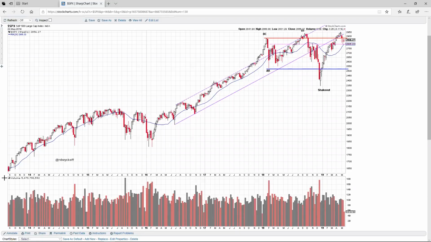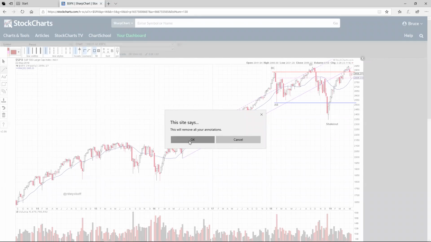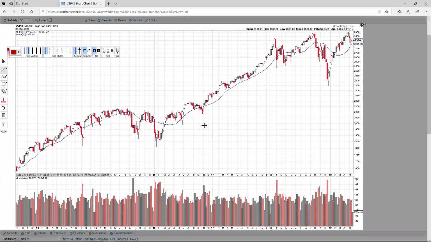Let's begin by having a discussion about indexes, and let's have a look at the S&P 500. We're going to remove the trend lines, just a look at this market, which we can see the S&P has really been range bound since the beginning of 2018 after a really dynamic uptrend with a climactic surge into the end of 2017 into early 2018, and this has produced a condition where the market really is just trading sideways.